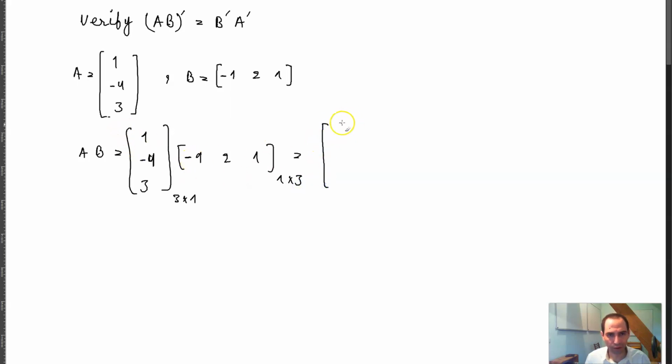So 1 times negative 1 is equal to negative 1, 2, and 1. And then you have negative 4 times negative 1, which is equal to positive 4, negative 8, and negative 4, and negative 3, 6, and 3. That is A times B.